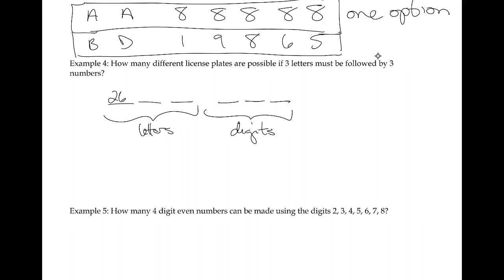So I've got 26 options for each of these places. And I've got 10 options for each of my digits because I'm allowed to have the same digit. So again, I would just punch this into my calculator to get this answer. So we get 17,576,000 options, or different license plates.